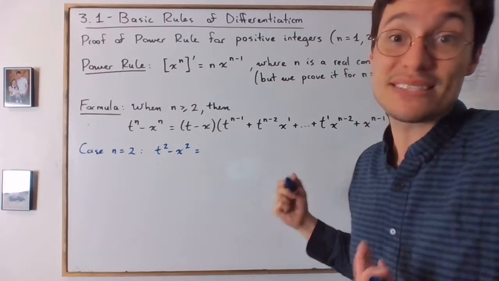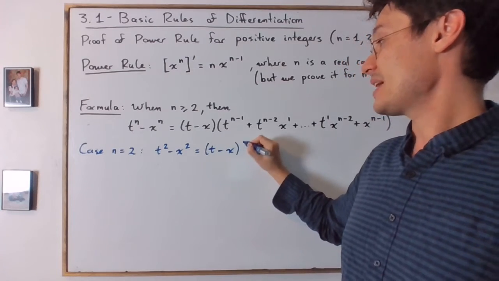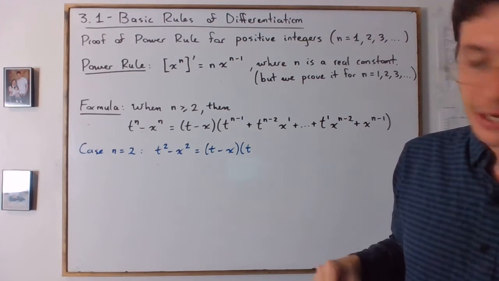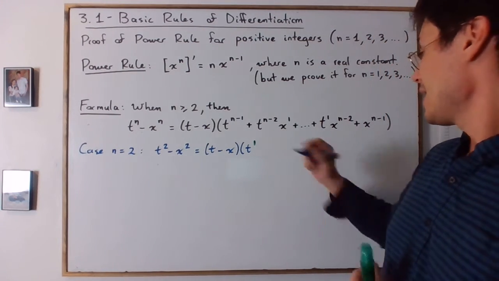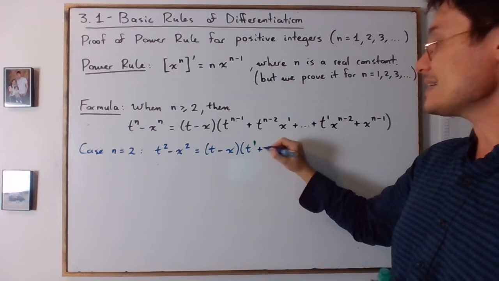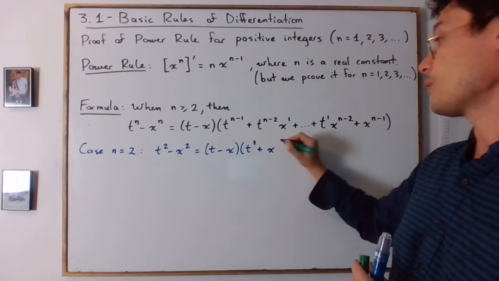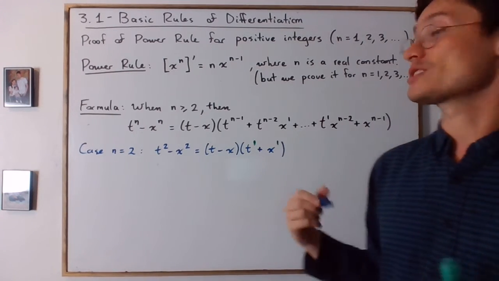It's the difference of squares formula. You're going to have t minus x, and then here you're going to have t to the power of 1. Here I'm going to put a little bit of color to help you. t to the power of 1, and then now t is already to the power of 0, so you're going to have plus x to the power of 1. So in this case, it reduces to the difference of squares.